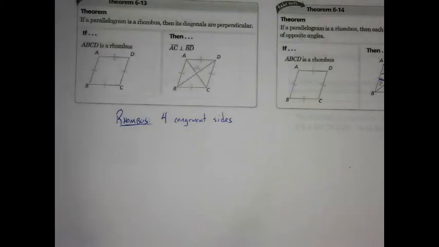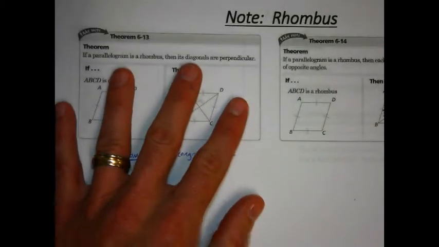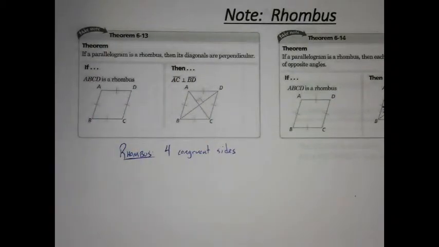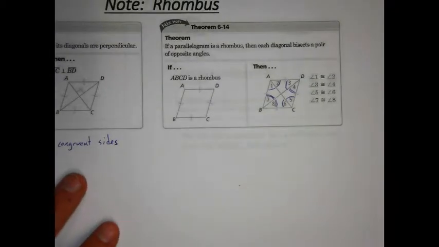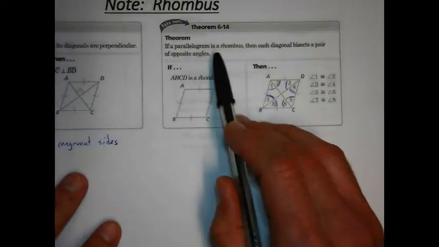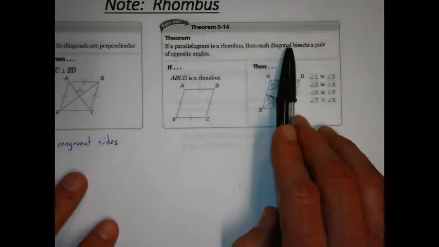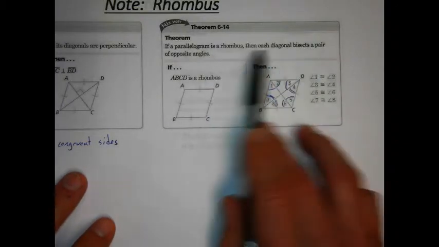Now, there's something cool about the rhombus, which is here. The diagonals are perpendicular. They intersect each other at 90-degree angles. And it's not the only thing. We'll talk about that later. Something else that's cool about a rhombus, when you talk about rhombuses and diagonals, each diagonal bisects a pair of opposite angles.